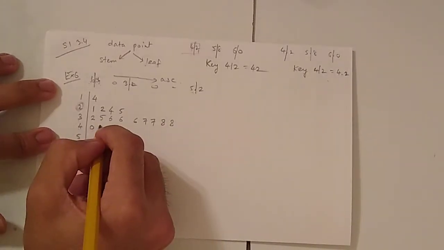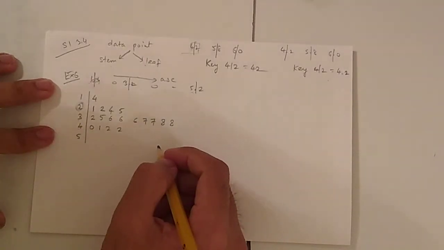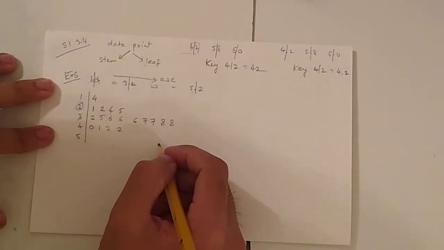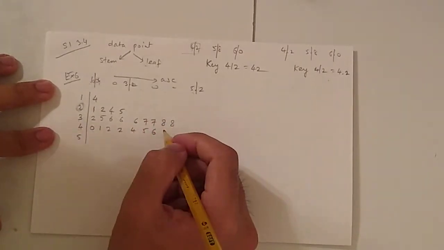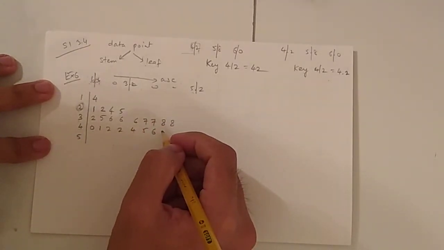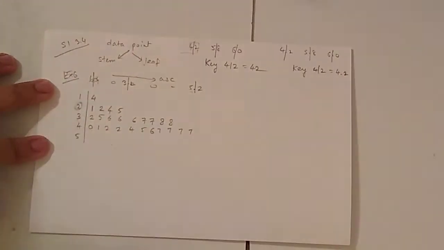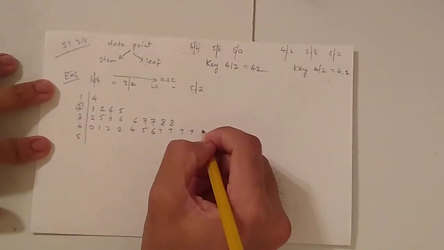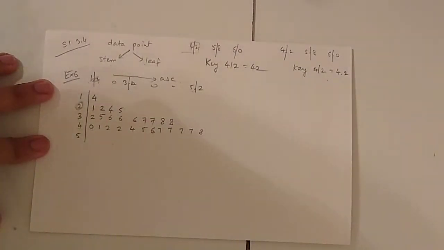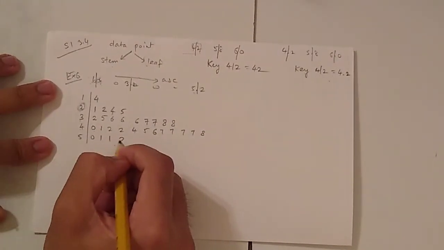Then you have 4.1, 4.2, 4.2, then 4.4, 4.5, 4.6, and 4.7, where 7 appears 4 times. Then we have 4.8, and finally 5.0, 5.1, 5.1, and 5.2.